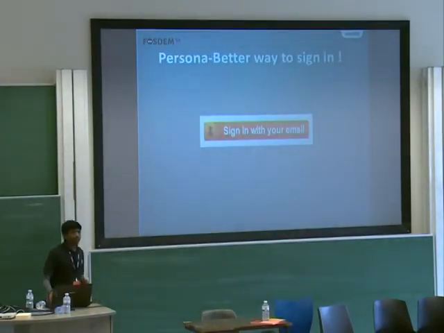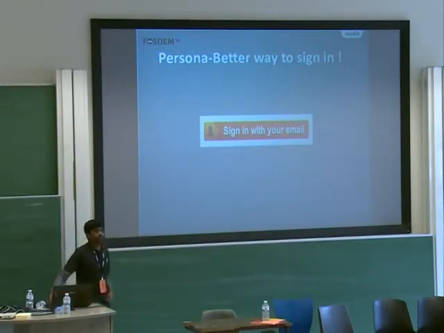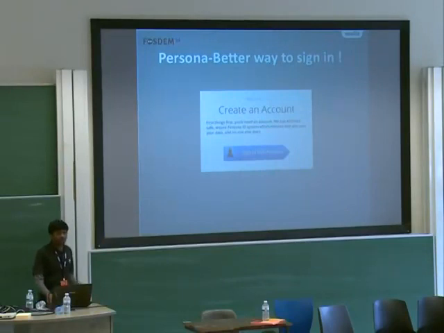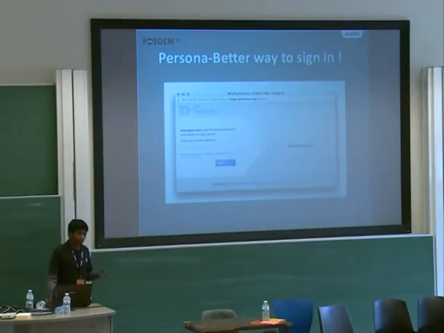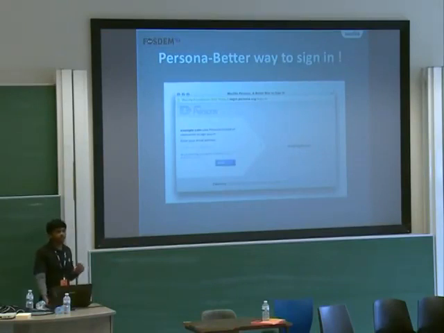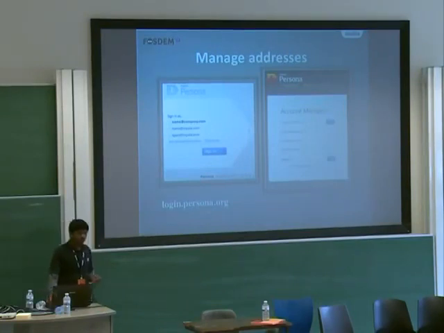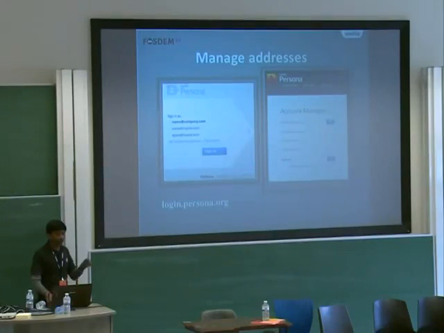So the better way to sign in is to use Mozilla Persona, which helps you to sign in very easily. Just create an account, and next it asks you to enter your email ID. Persona mainly takes email addresses as unique values and then proceeds with the login. This is a screenshot of how you manage email IDs in the browser.